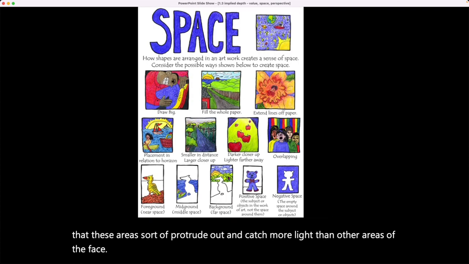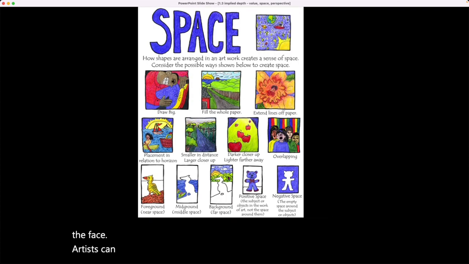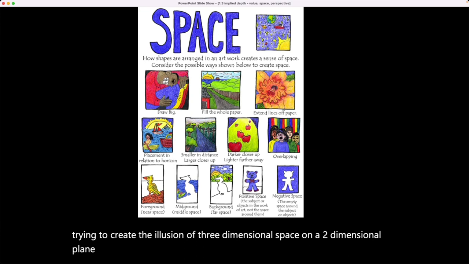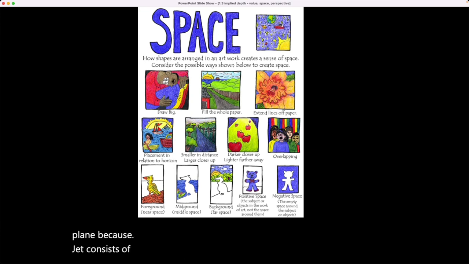Now, artists must also consider space when they are trying to create the illusion of three-dimensional space on a two-dimensional plane, because depth consists of both light and shadow as well as space.